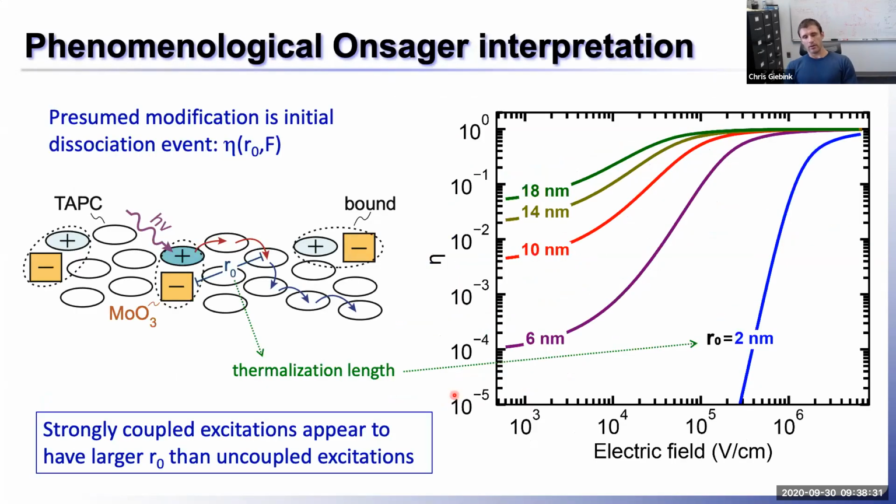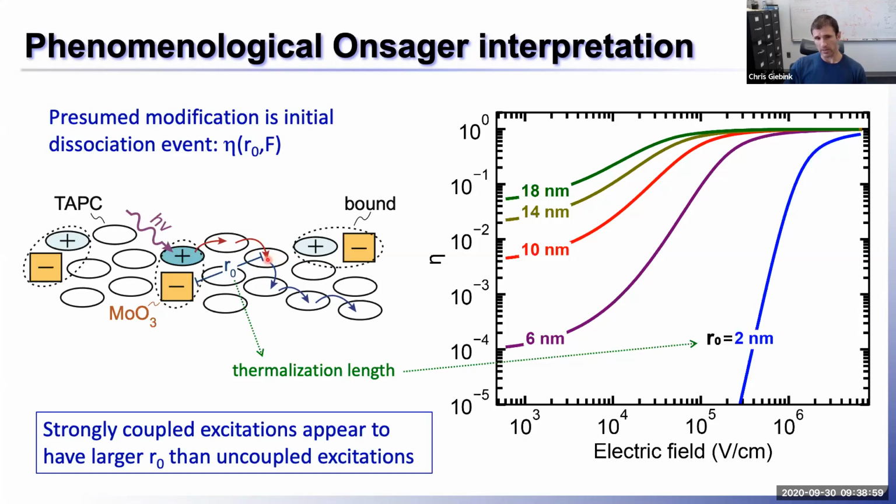And so we've given this a phenomenological interpretation, again relying on that Onsager picture of photocurrent in the bare film. Remember, in the bare film, we kick one of these charges with a photon, and that allows it to undergo maybe one or two hopping events out to some distance r naught, which we call the thermalization length in Onsager theory. And then at that point, it's relaxed back to the HOMO.